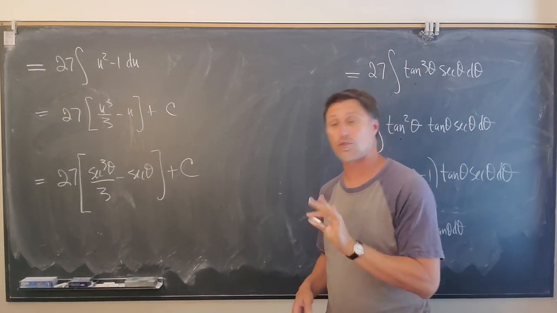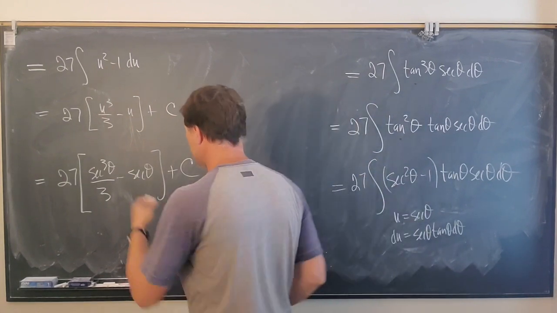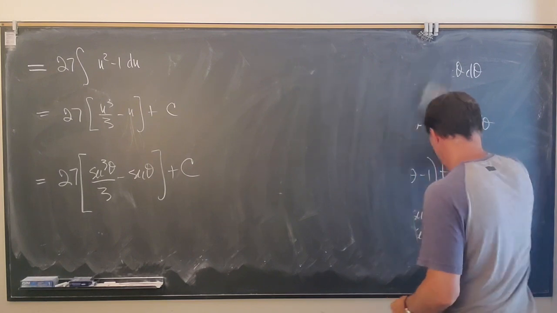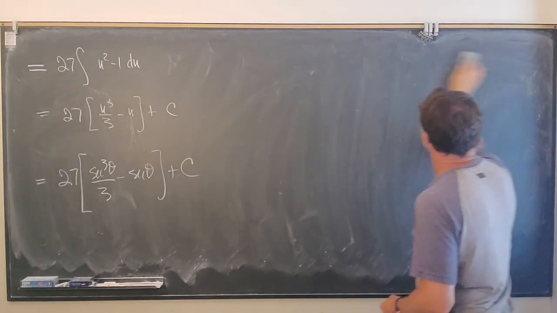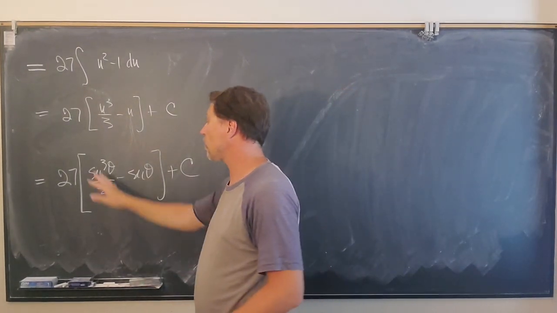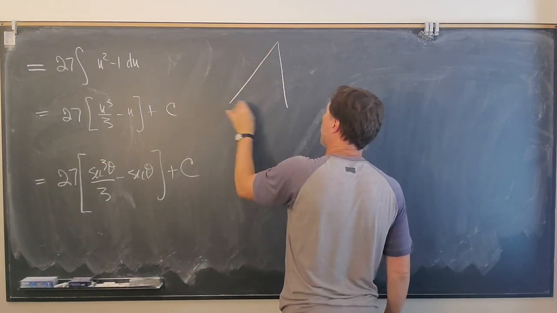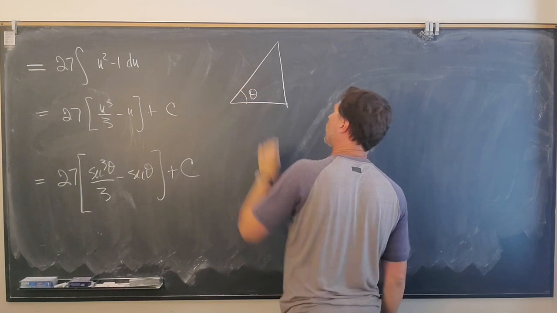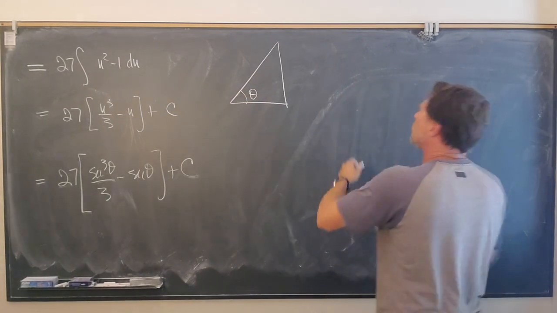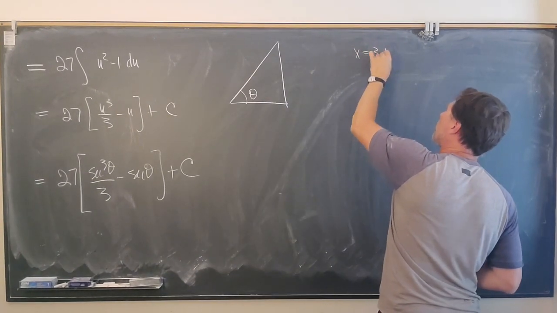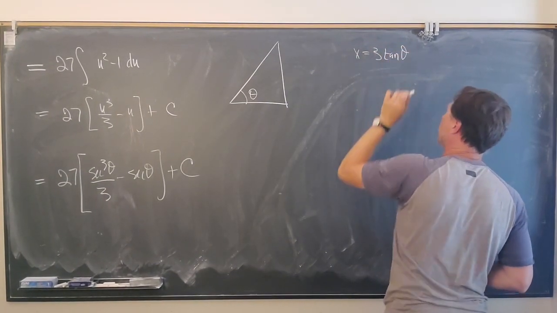This is the time to draw the triangle. Every time when you get to this step right here, you draw a triangle to find out what the various trig functions are in terms of the variable x. So I draw my right triangle, and I label it according to our substitution. Our substitution this time was x equals 3 tangent theta.